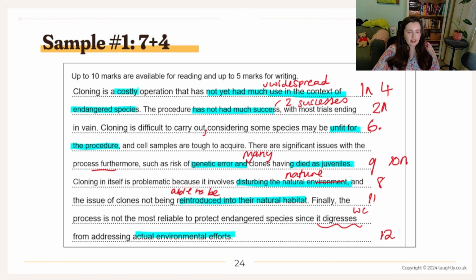Furthermore, such as risk of genetic error, and clones have died as juveniles. Cloning itself is problematic because it involves disturbing the natural environment, and the issues of clones not being reintroduced to their natural habitat. Finally, the process is not the most reliable to protect endangered species, as it digresses from addressing the actual environmental efforts.